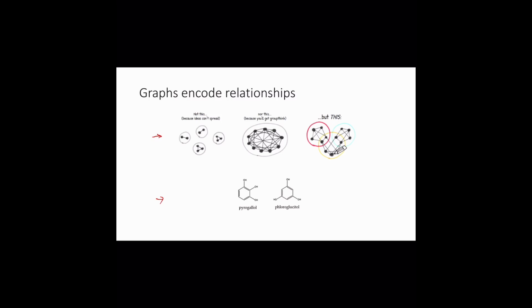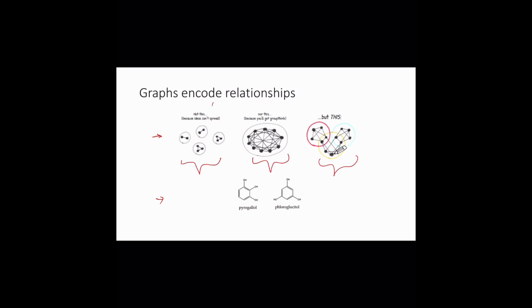And in the third case, it's a mixture of the first two with there being some clusters but with all of the clusters having at least one connection between each other, like here. So as an example, let's say that these are 3 groups of 10 people trying to come up with a new invention, right?